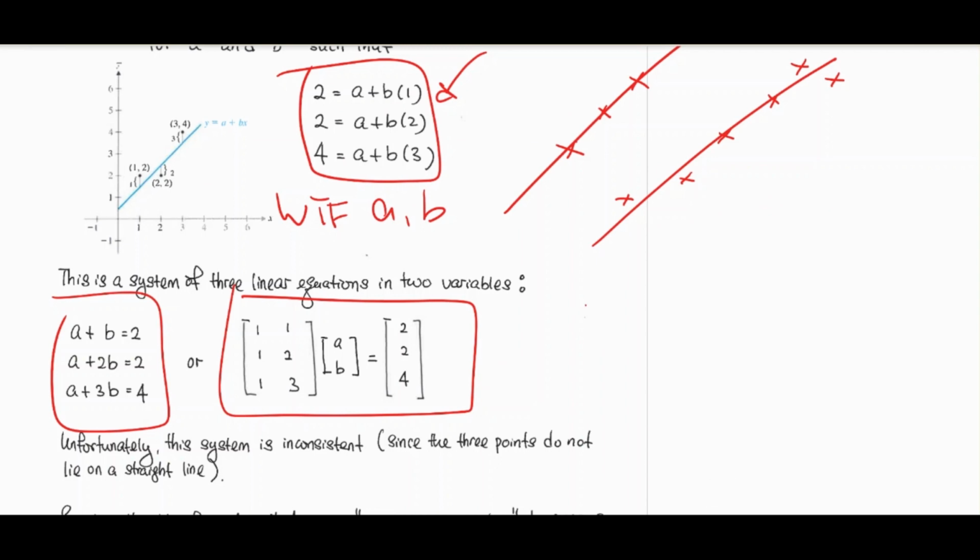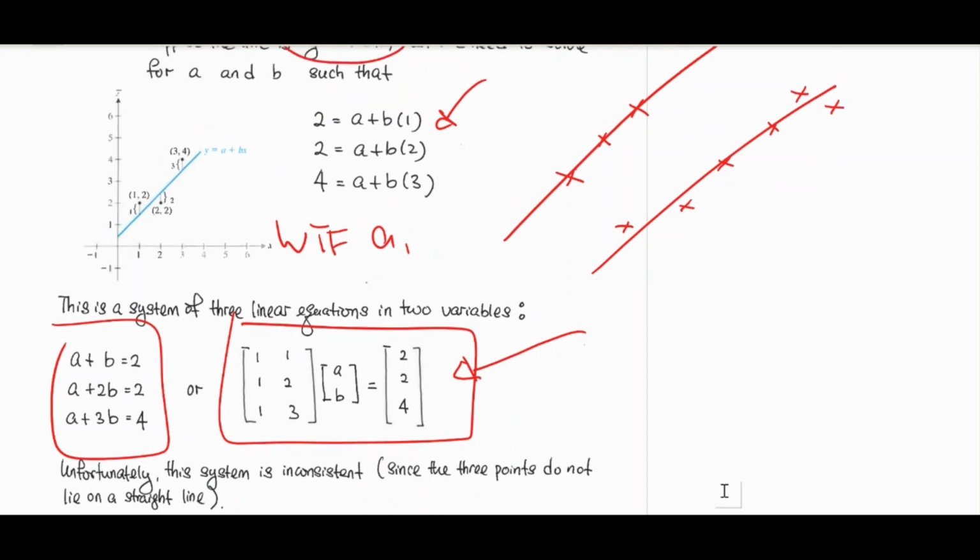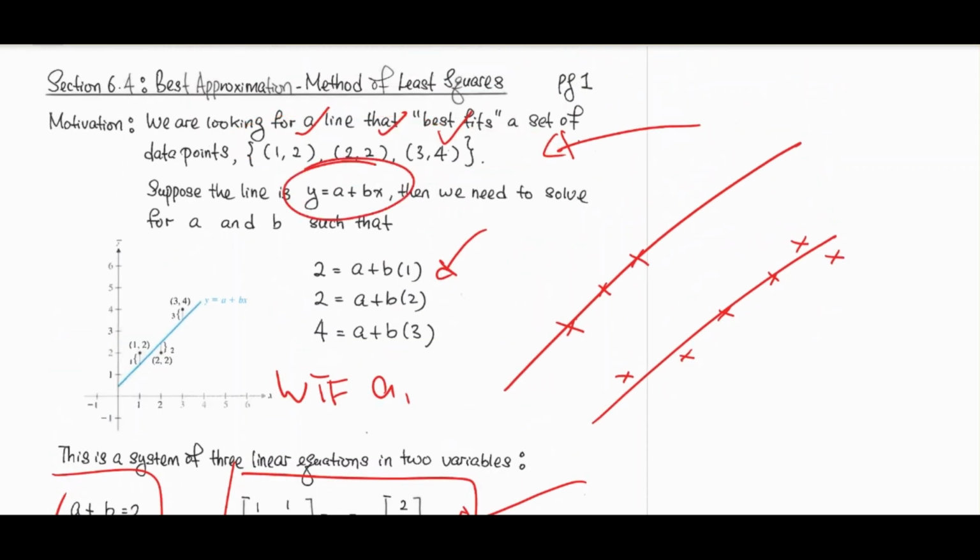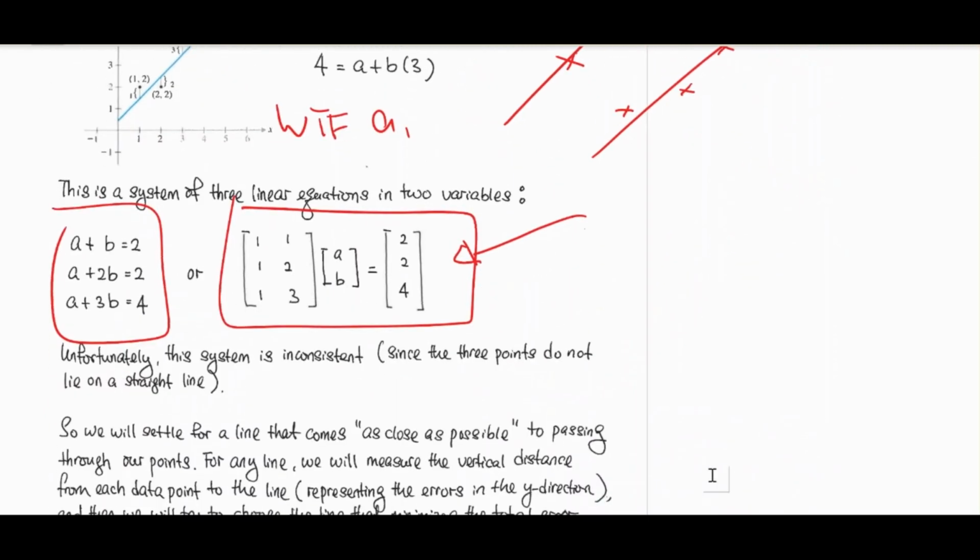In this case, you can check that this system is inconsistent. There's no A and B that will make all the points fall on this line. Okay, so we say this system is inconsistent. You can check that very easily.